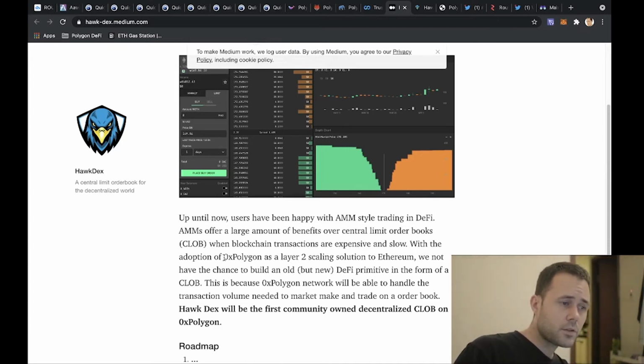With the adoption of Polygon as a layer 2 scaling solution to Ethereum, we now have the chance to build an old but new DeFi primitive in the form of a CLOB, central limit order books. This is because the Polygon network will be able to handle the transaction volume needed to market make and trade on an order book. HawkDEX will be the first community-owned decentralized central limit order book on Polygon.